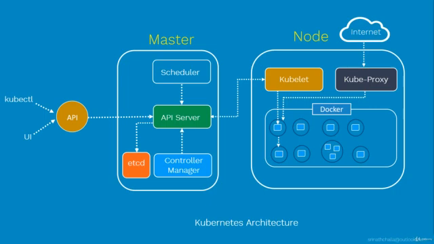If you want to create, update, delete, or even display any Kubernetes object, it has to go through the API server. Next, the scheduler. It is responsible for physically scheduling pods across the nodes inside the cluster. Next, the controller. The controller is responsible for the overall health of the entire cluster. It ensures nodes are up and running and the correct number of pods are running as mentioned in the spec file.